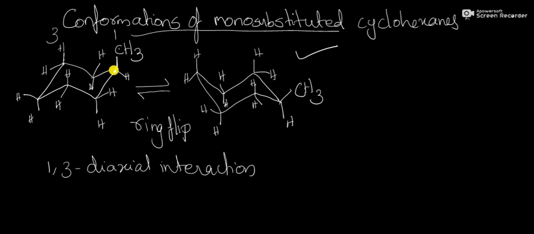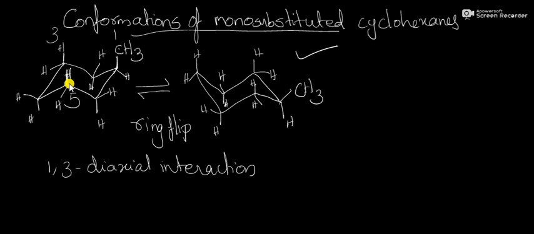And this is again an axial hydrogen, so there will also be a diaxial interaction. The interaction due to two axial substituents, two axial groups, is called diaxial interaction. And this axial hydrogen at the fifth position gives a 1,5 diaxial interaction.